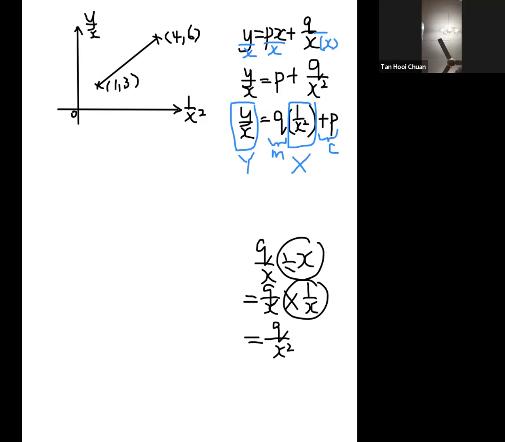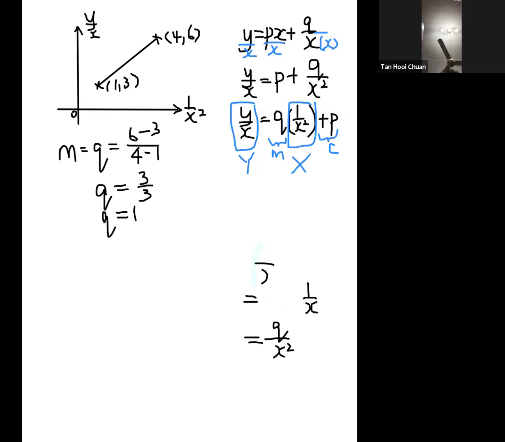Some of you say, yeah. Yes, especially these few years, because MCO time is very harmful. Y minus y, x minus x is your gradient. So Q is 3 over 3, which is 1. Okay, finish already. Next one.